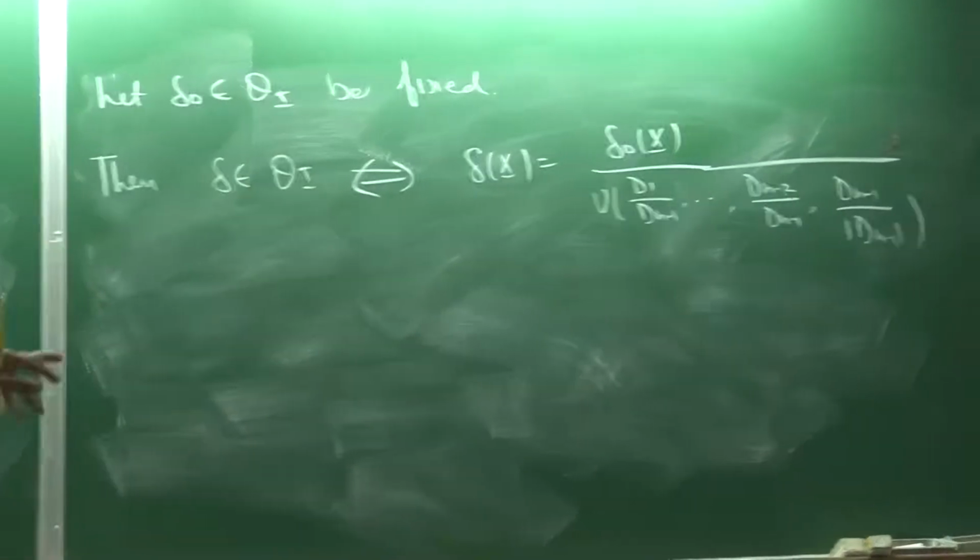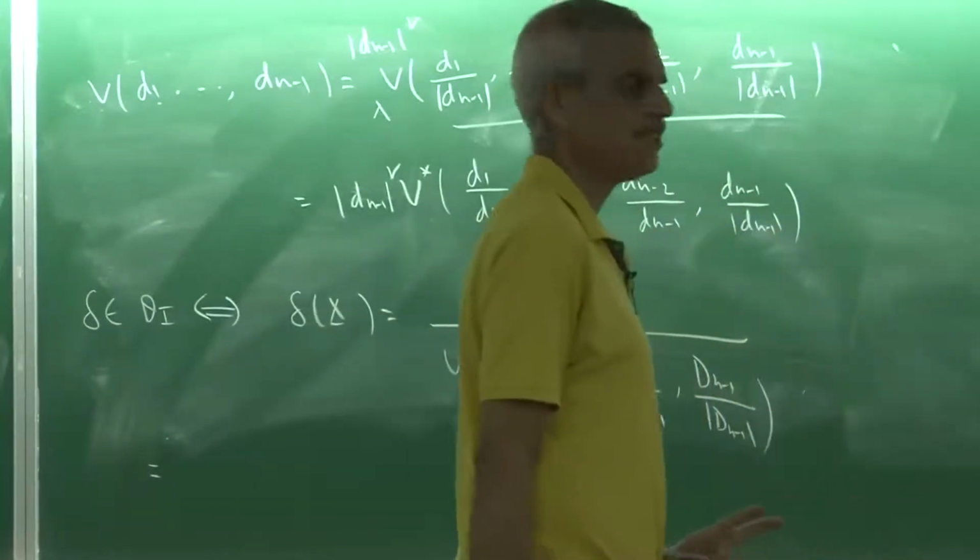Note that my delta naught is also a function of d1, d2, ..., dn-1.